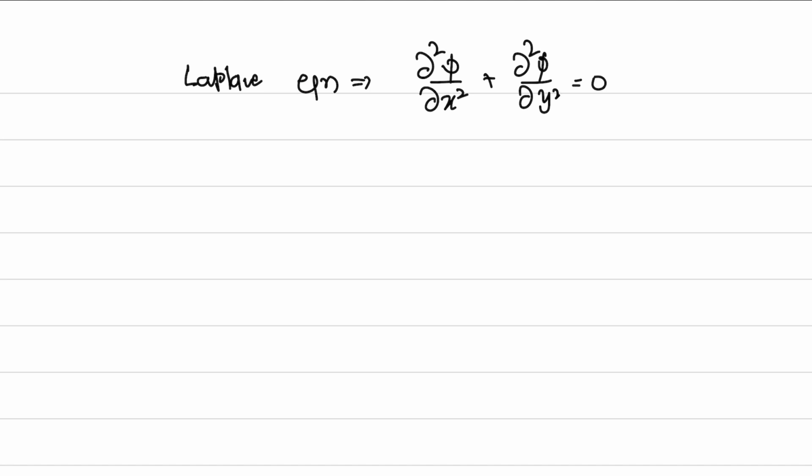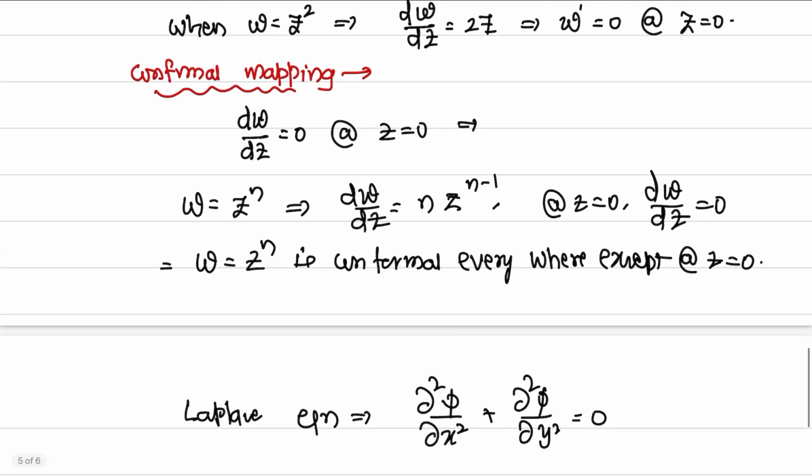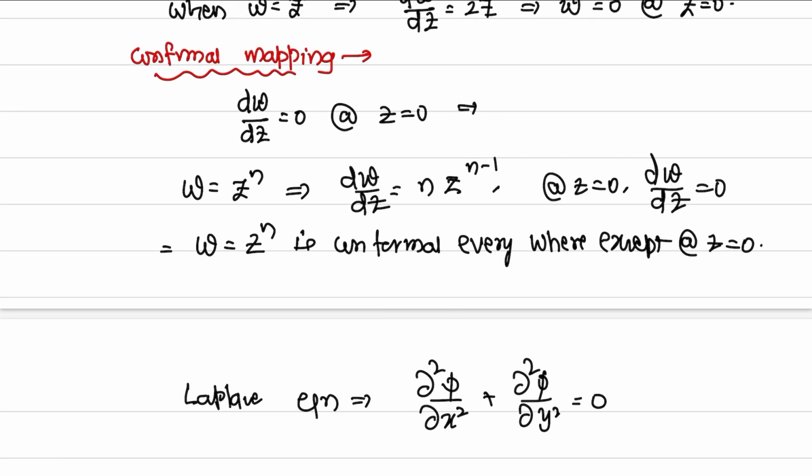Usually, to solve the Laplace equations, conformal mappings are used, where dW by dz is not equal to 0. Wherever conformal mapping takes place, at that point dW by dz is not equal to 0. But in case of W is equal to z to the power of n mapping, except at z is equal to 0, all other places dW by dz is not equal to 0.